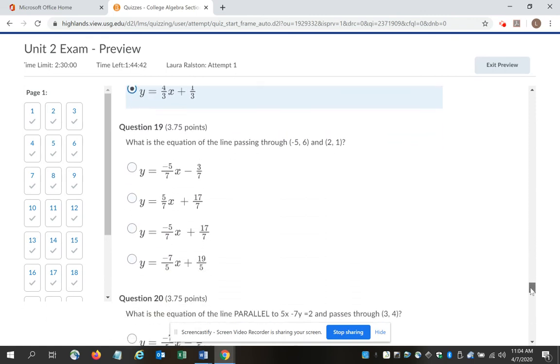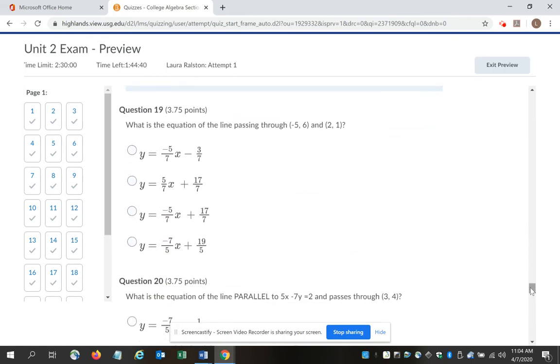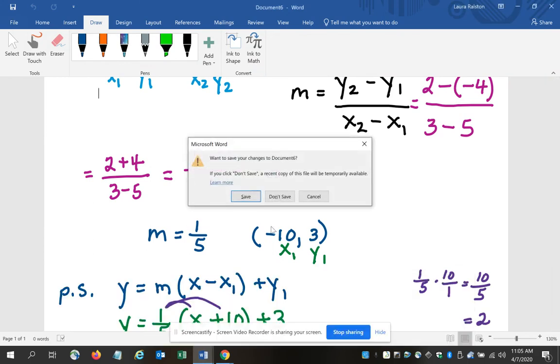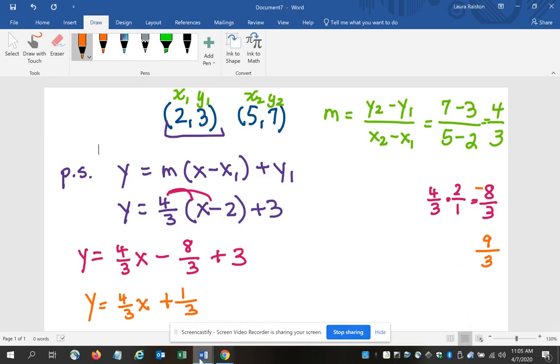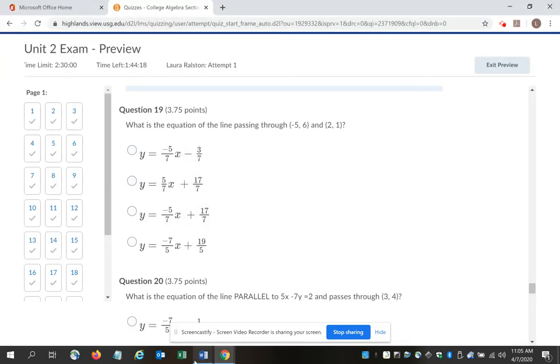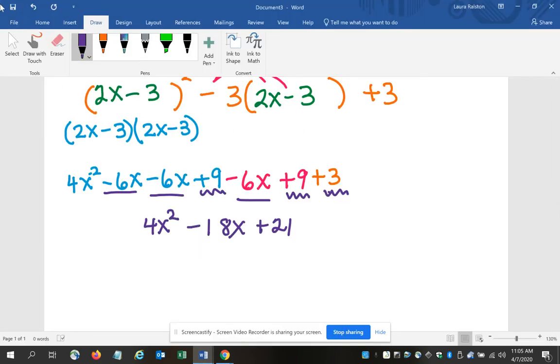Question 19 is the same type of question, and they give us the ordered pairs (-5, 6) and (2, 1). So I'm going to clear some of these off of here so we don't get messed up, and I'm going to get us a clean sheet of paper.